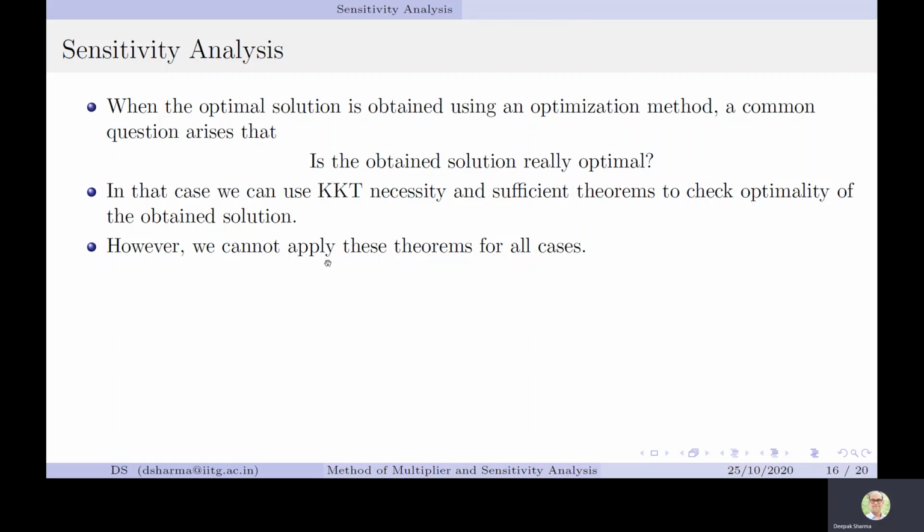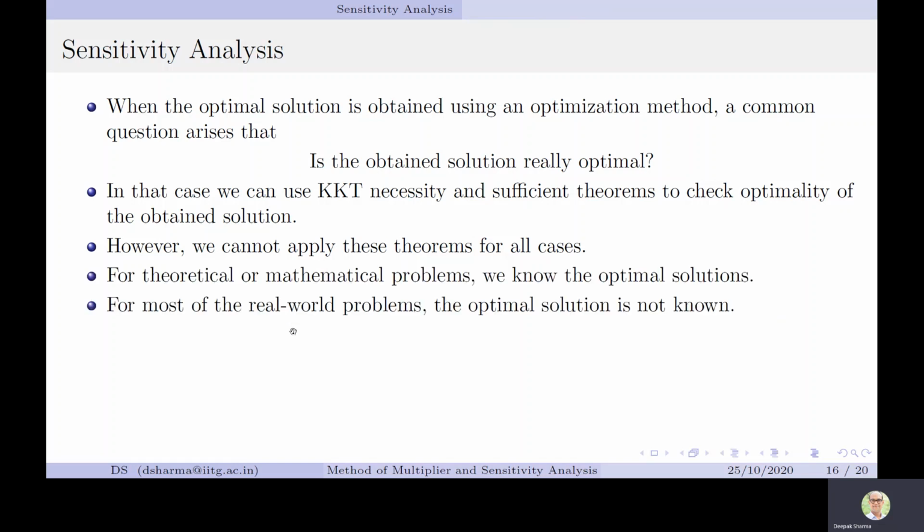However, we cannot apply these theorems for all cases. When we are using the KKT condition, we cannot use it for all kinds of problems, because certain problems are so complex that finding the gradient of the function or the constraint is not easy. Therefore, it is not easy to get the KKT conditions on the given problem. Interesting point is that when we are solving a theoretical or mathematical problem, we know where the optima is.